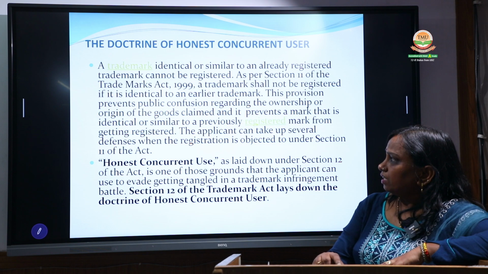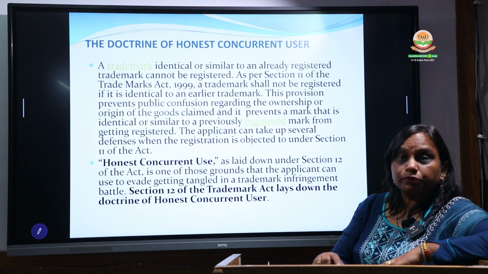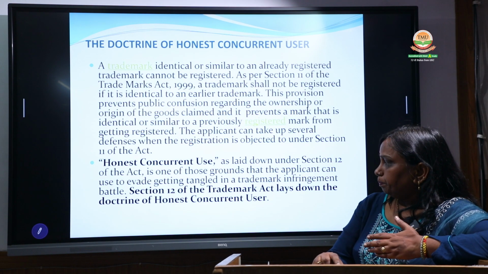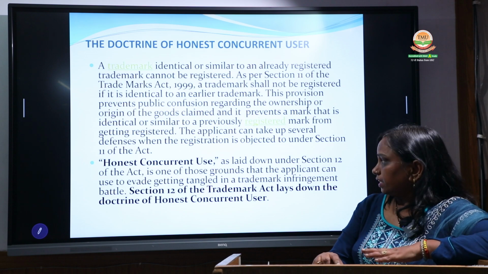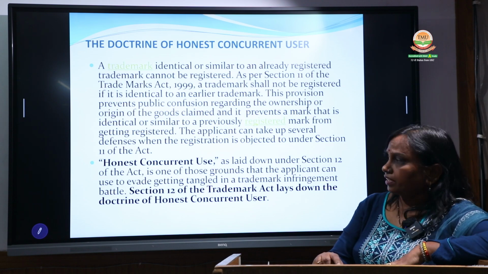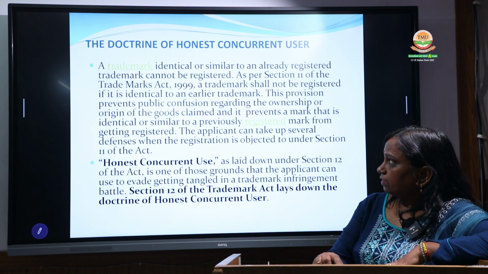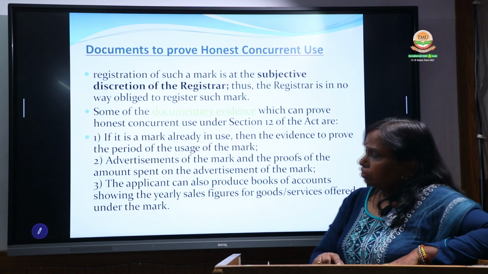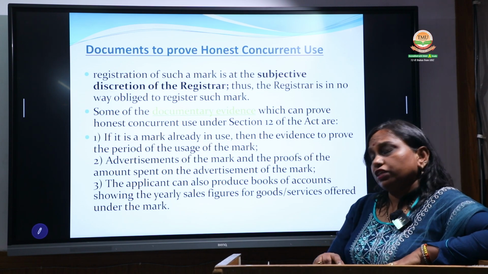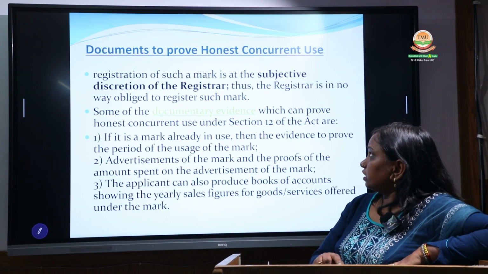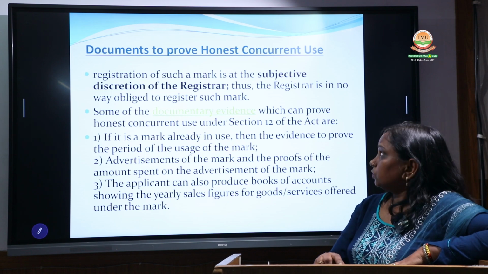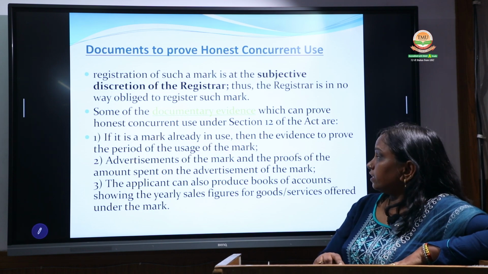So sometimes, if any kind of dispute arises, then a particular person can use this doctrine to save himself. So what grounds are required for the purpose of the doctrine of honest concurrent use?